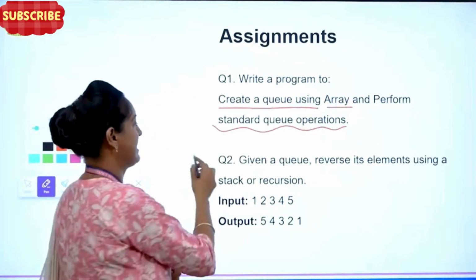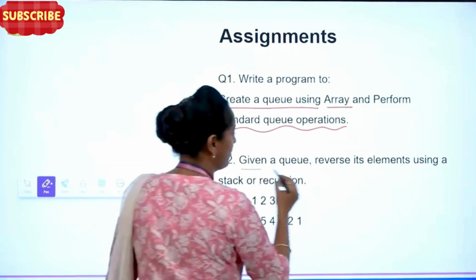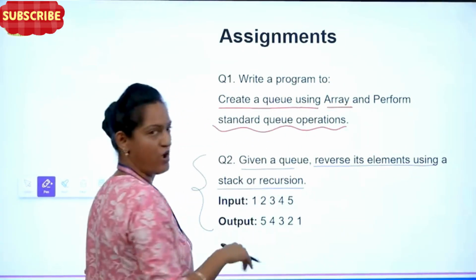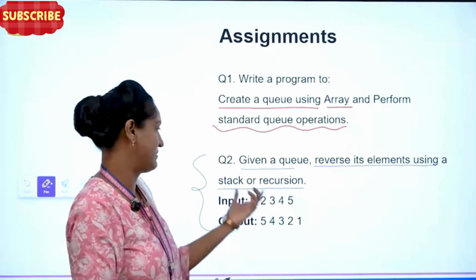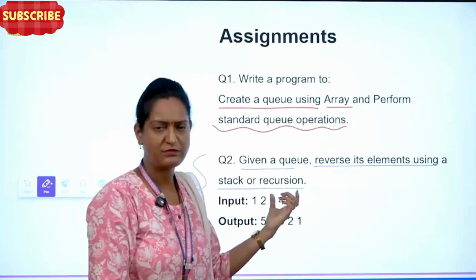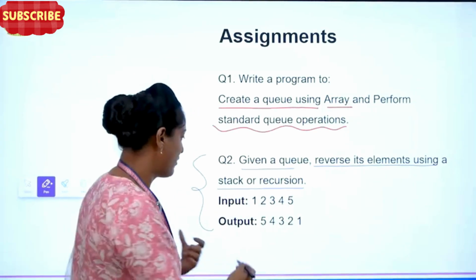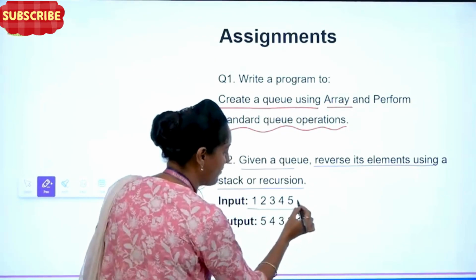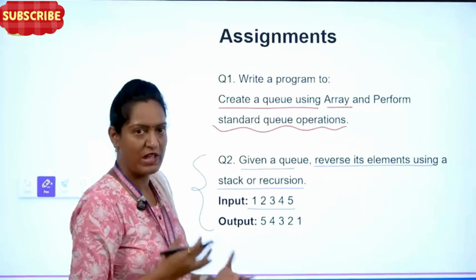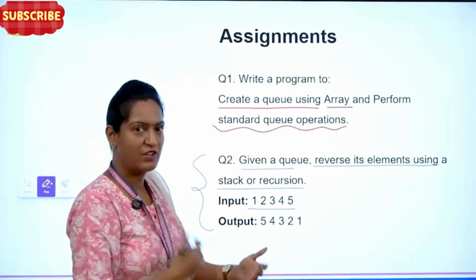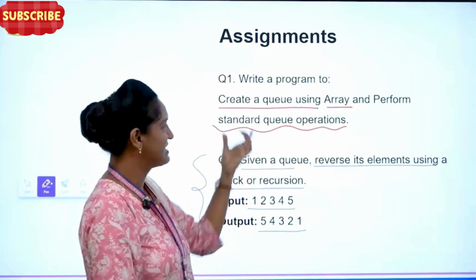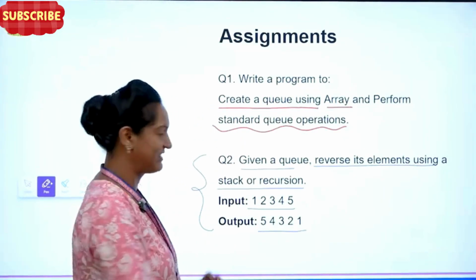The next assignment is, given a queue, reverse its elements using a stack or recursion, whichever is comfortable for you. If I have values like 1, 2, 3, 4, 5, you should write a program to reverse the queue so that your output will be 5, 4, 3, 2, 1. So these are two assignments, right?